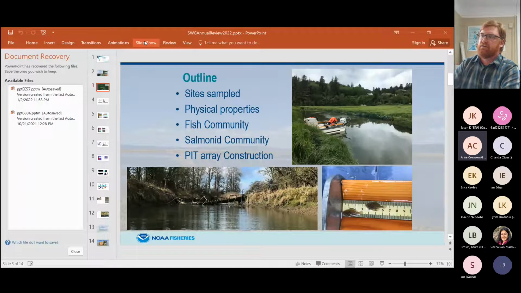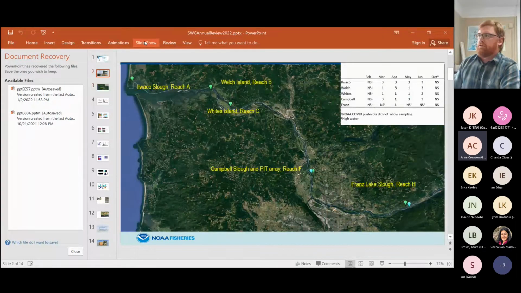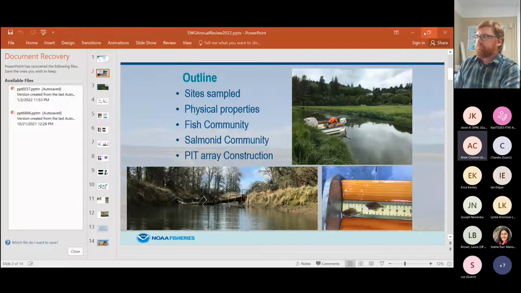Jeff, do you see the document recovery panel? If you close that, that might help. Maybe try unsharing and then resharing your screen. Okay. Now I can't find it anywhere.